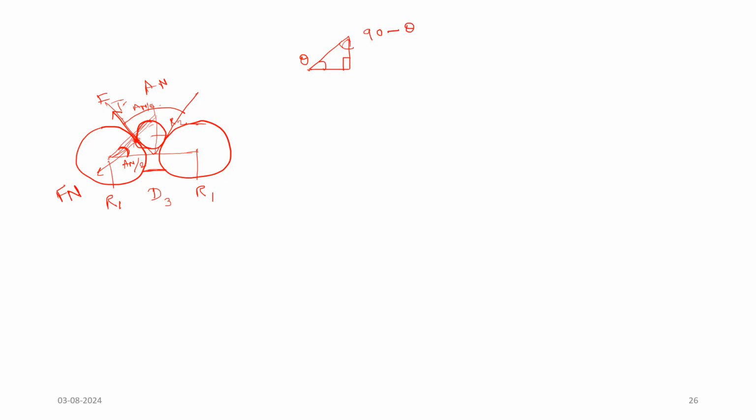Suppose this is A, B, C. So AB by AC, the base by hypotenuse, is what we call cos theta, right? You remember?